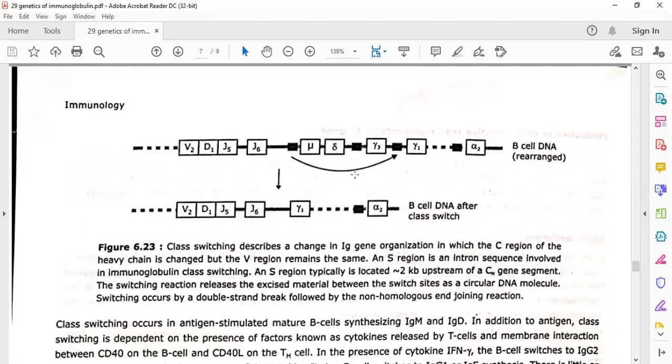So it is complete here. Class switching, the process of the preparation of immunoglobulin M, immunoglobulin D, immunoglobulin A, immunoglobulin E. So this is all about the preparation of immunoglobulin.